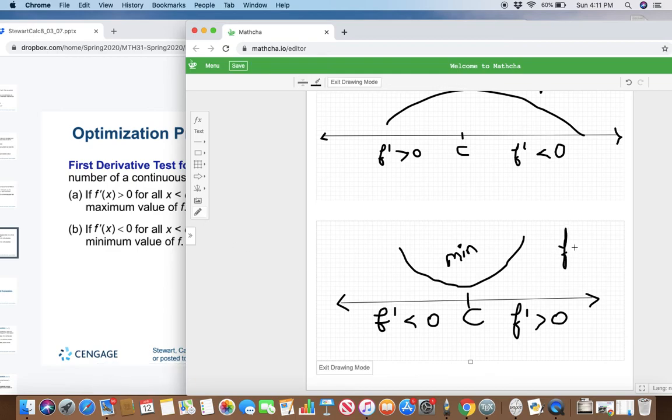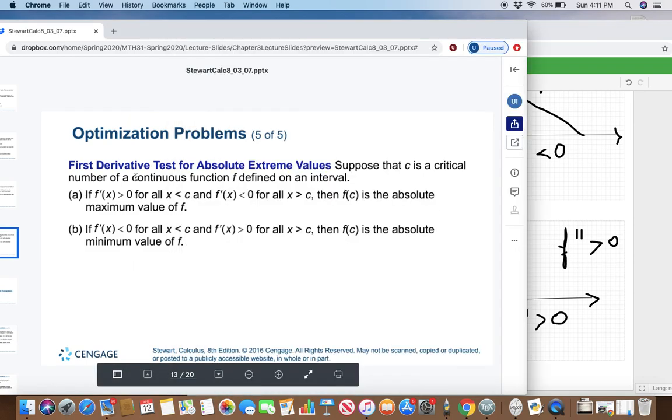And here f double prime is greater than 0. So this is using the second derivative test. All right, so anyhow, use the first derivative test for absolute extreme values or use the second derivative test, whichever comes in handy.